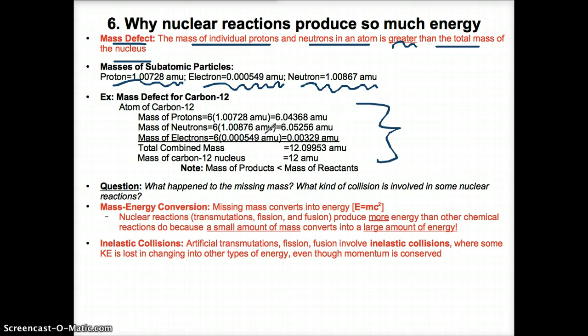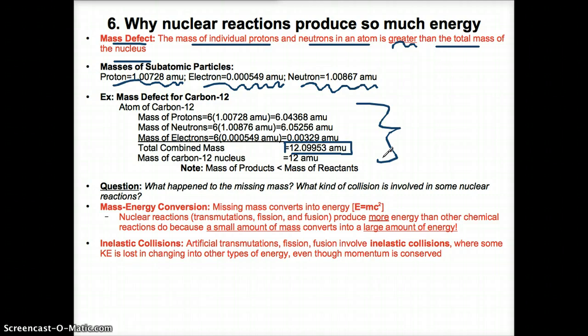The mass of neutrons in carbon-12 equals 6 times 1.00876 AMU, equals 6.05256 AMU. And the mass of electrons equals 6 times 0.000549 AMU, which equals 0.00329 AMU. The total mass of all three of these particles combined is 12.09953 AMU.